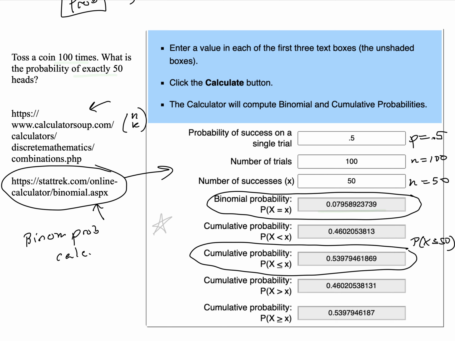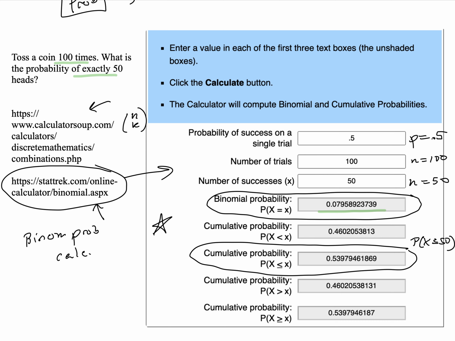So if you're doing this in real life, you can use the formula, and you can also use a calculator such as this. One thing I'd like to highlight here is that the most likely scenario might not be that likely. Toss a coin 100 times. What is the probability of exactly 50 heads? It's about an 8% chance.